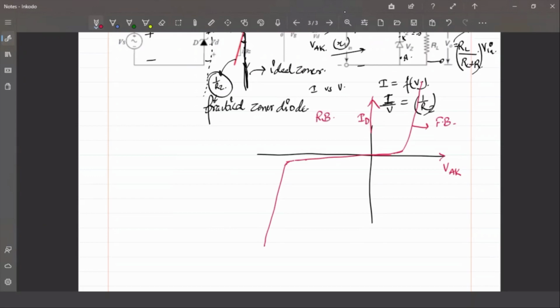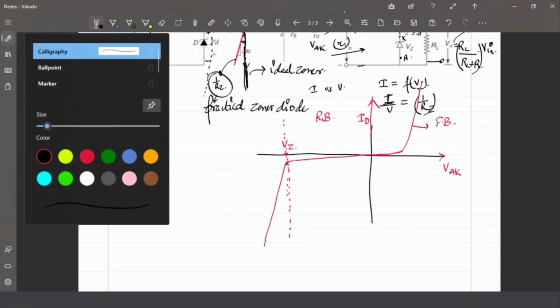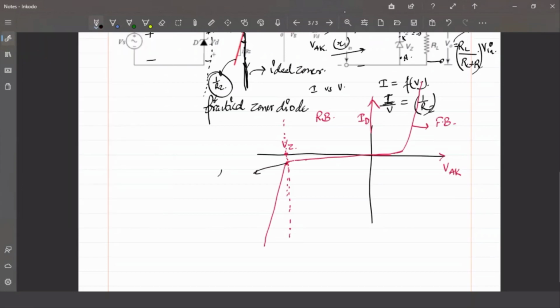And between this point, before the current starts to rise after a Zener breakdown, this voltage is the Zener voltage Vz. And this point after which this Zener breakdown is taking place is actually called the knee point. This point is known as the knee point.